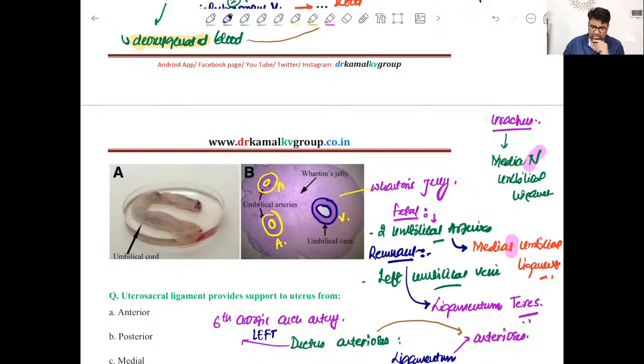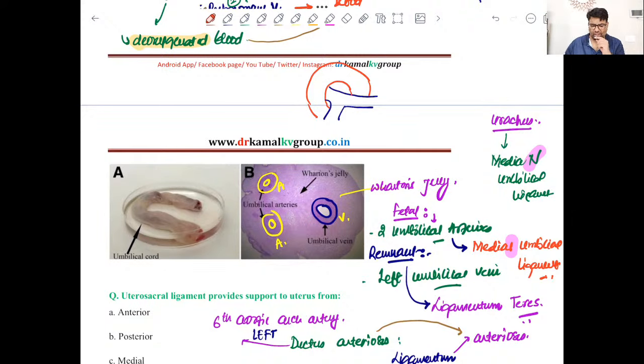Suppose this is say the arch of aorta, right? And then we have the pulmonary trunk, something like this, okay, divided into the left pulmonary artery and the right pulmonary artery, okay. So now the arch of aorta is on which side, left side or right side?